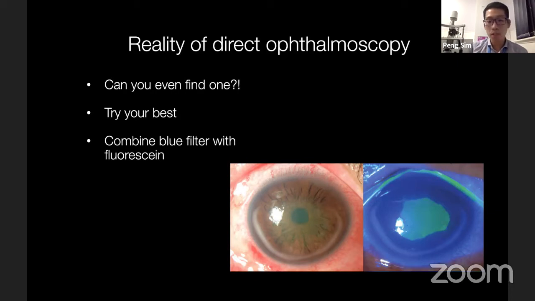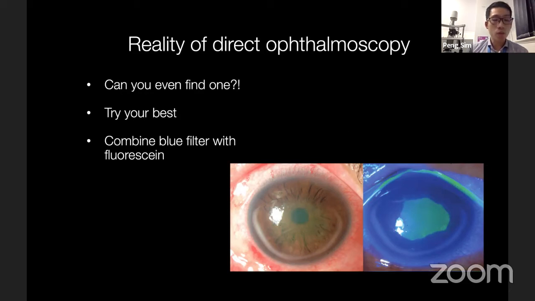You can see in the picture here on the bottom right, with normal illumination, the cornea looks pretty normal. But once you put a drop of fluorescein, which is usually orange, and then you use the blue filter on the direct ophthalmoscope and shine it on the eye, you can see that there's clearly a corneal epithelial defect there. So it's really handy in this case.